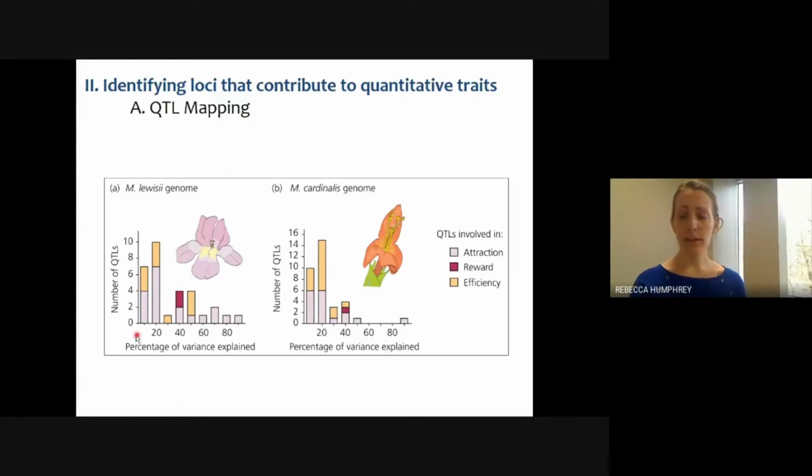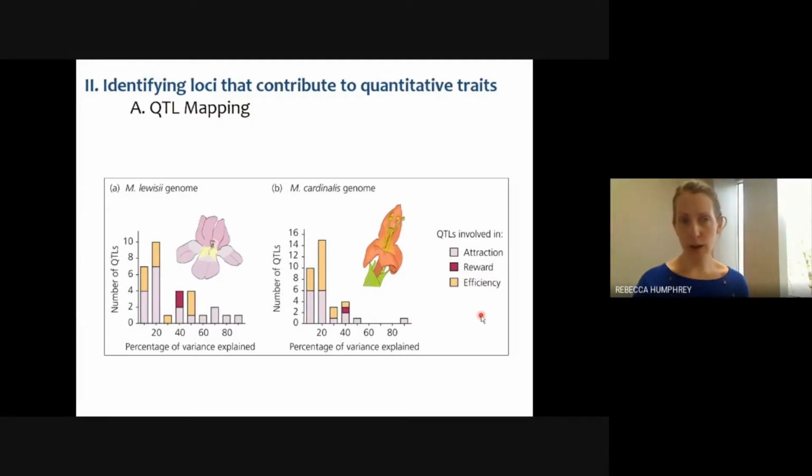Okay, so what you can see is that most of the QTLs that they examined, of the 66, explain a relatively small amount of the variation. And there are a few loci that explain a lot of the variation. And the color coding is telling us what traits specifically these are related to.